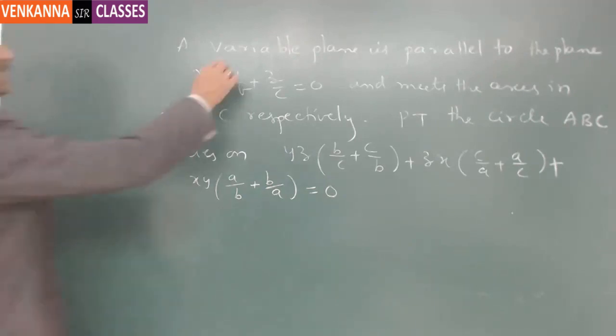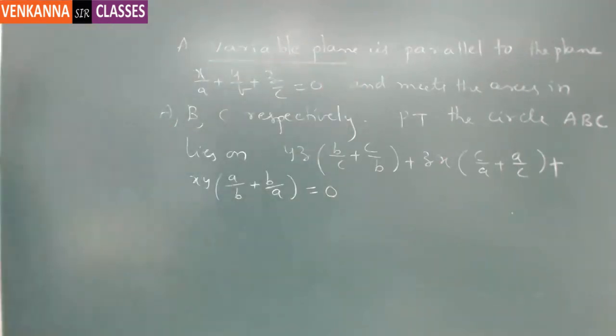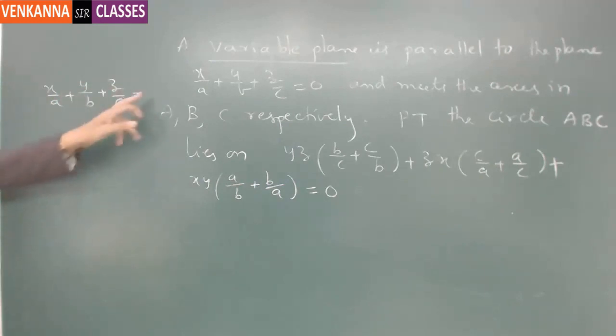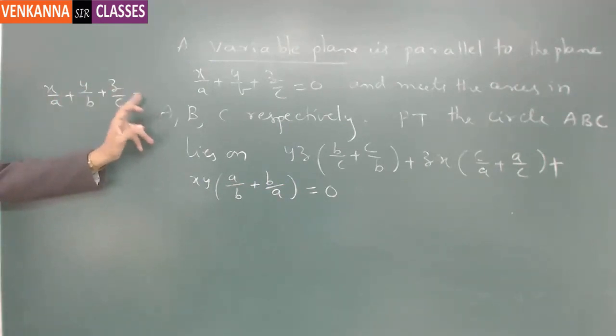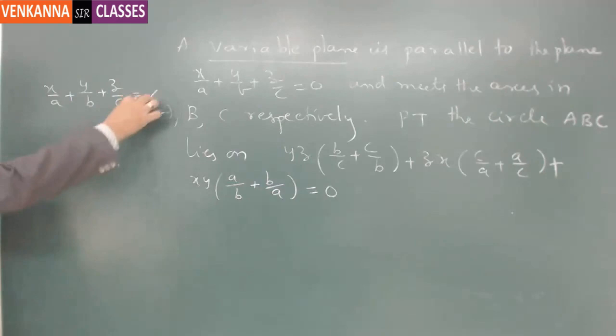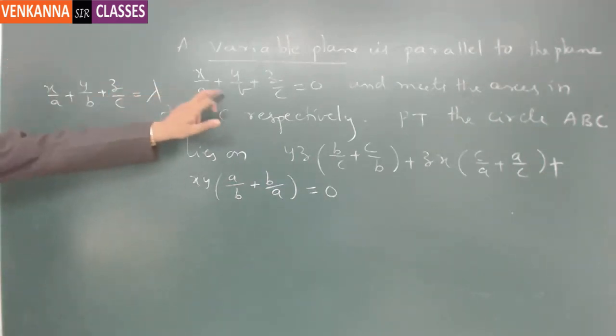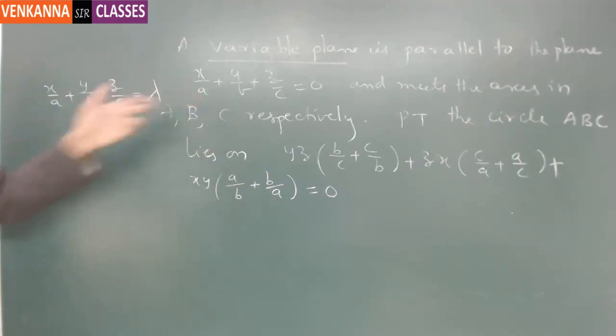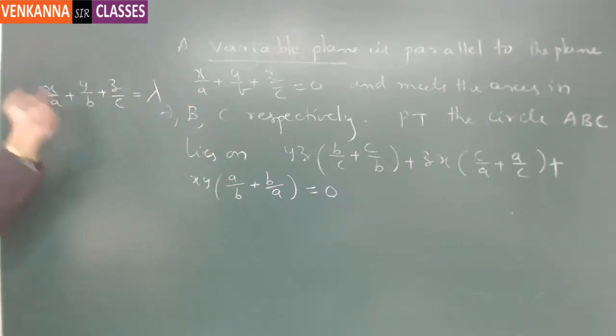So let us take the variable plane as x by a plus y by b plus z by c is equal to some constant. I am taking the constant as lambda. So this is the plane which is parallel to this one, and I have assumed that this is the variable plane. Accepted by all?